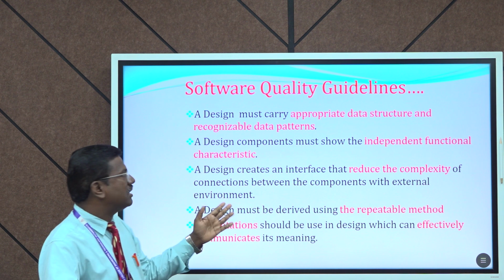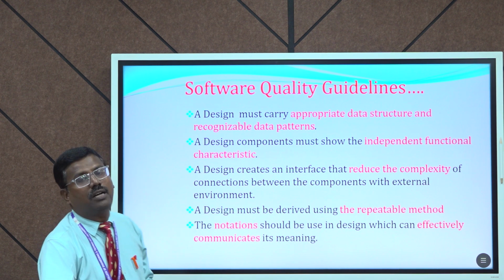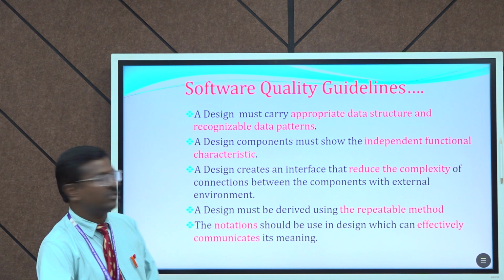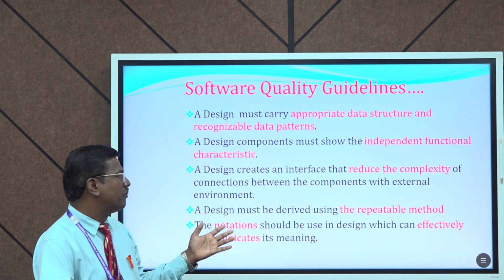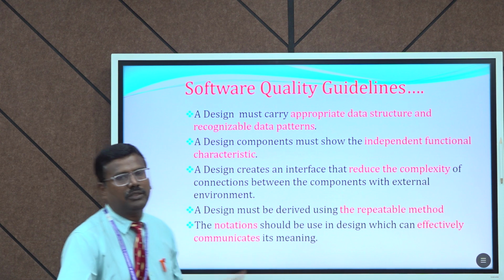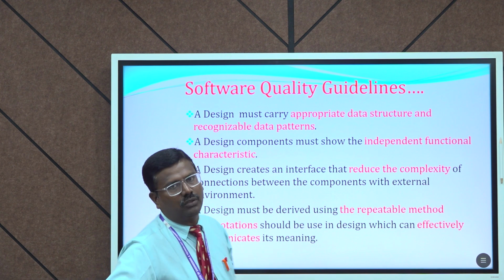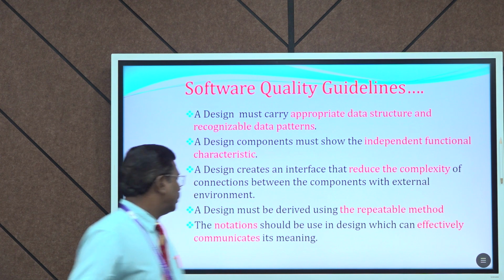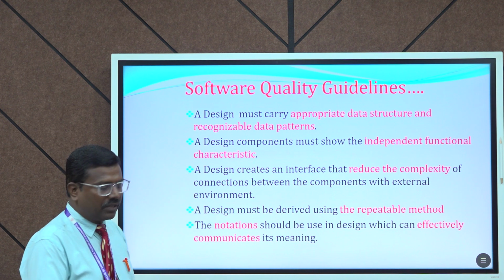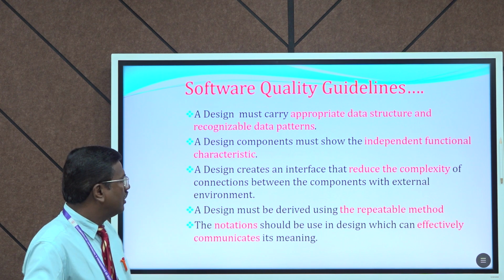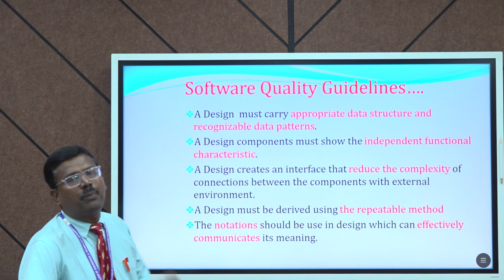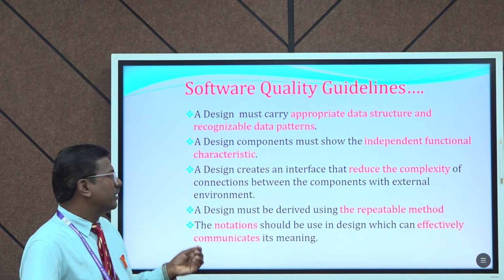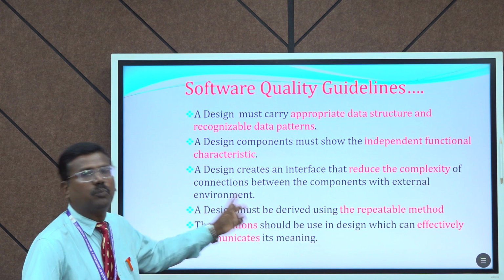Then the design creates the interface and reduces the complexity of the connection between the components and the user devices. Then the design should be derived from a repeatable method, some reusable block of code that can be derived from the parent class to the child class. So these are the guidelines for software products. The last one is notation: the proper notation should be used in the software design. Your design should be effectively communicated using this proper notation.